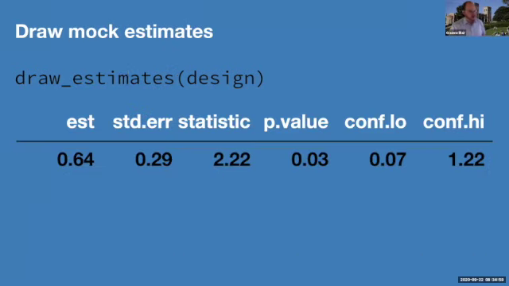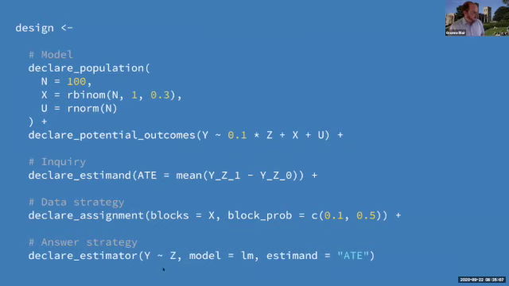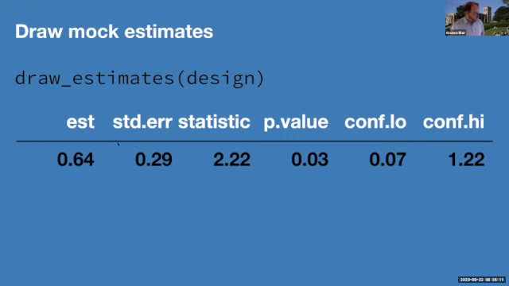Second, we can draw estimates from that design. This ran the linear regression that is implied in this answer strategy. So we had a linear regression of Y on Z, and our estimate is 0.64 with a standard error, a t-statistic, a p-value, and a confidence interval, the lower bound and the upper bound.